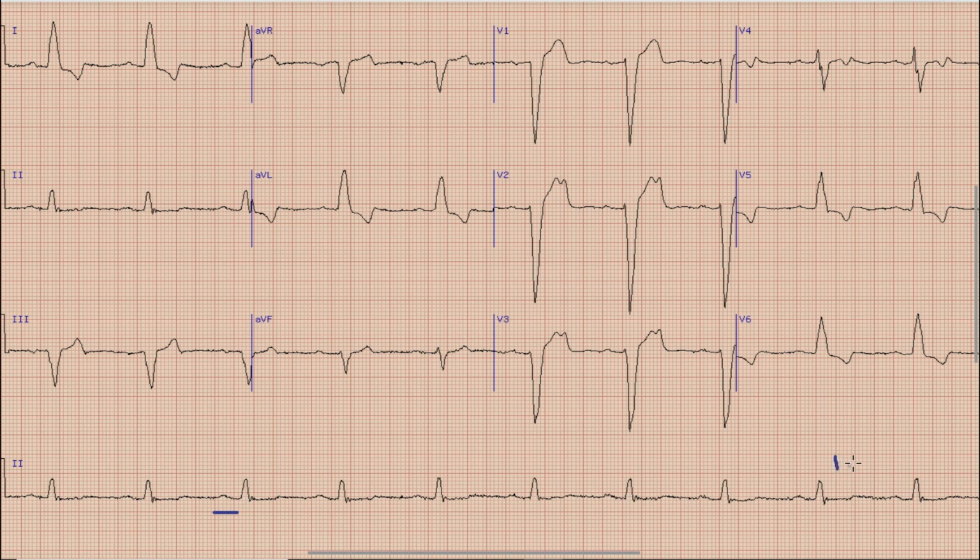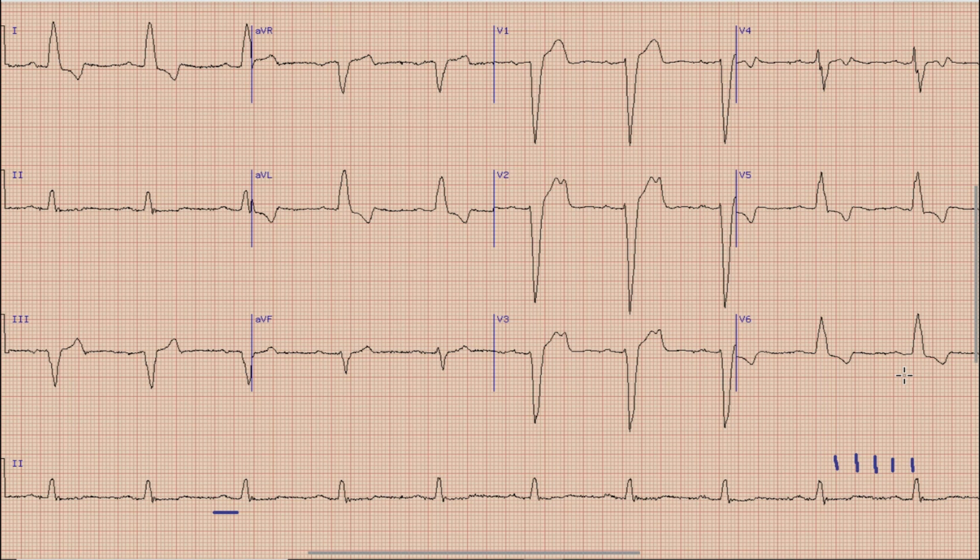First large box is 300, next is 150, then 100, 75, 60, and so on. So the heart rate in this case is 60 beats per minute.